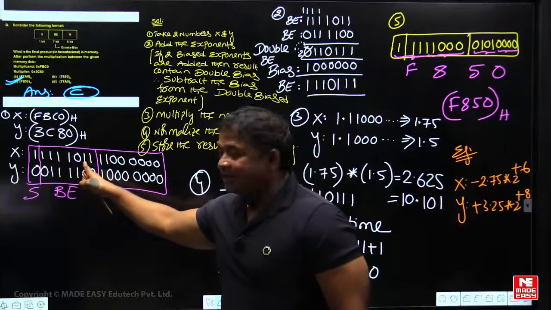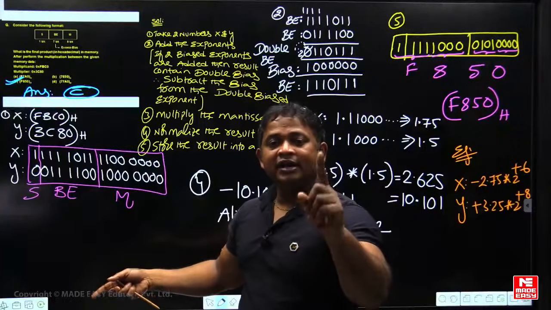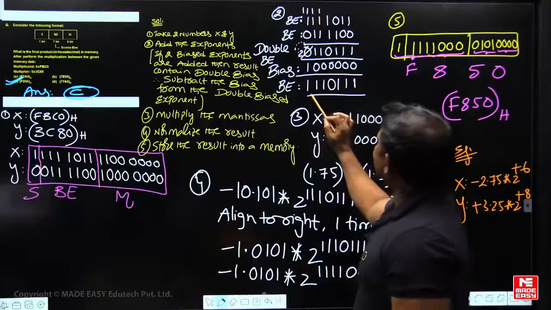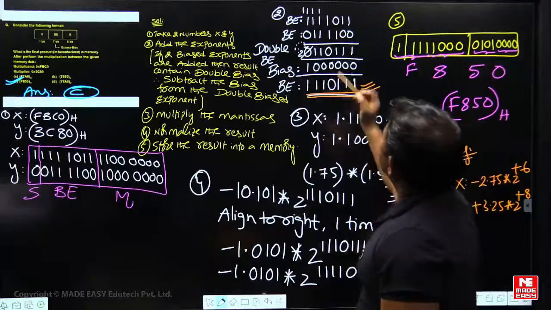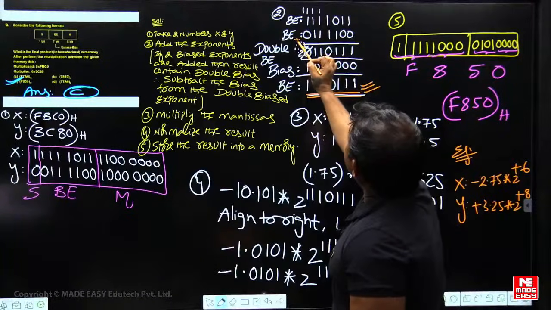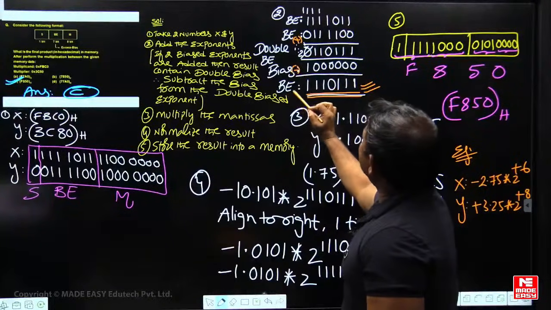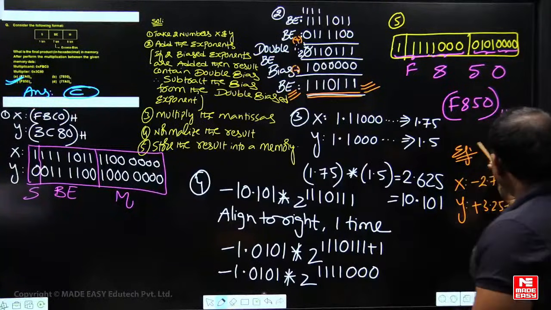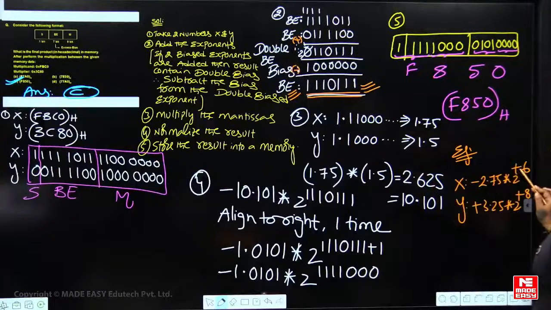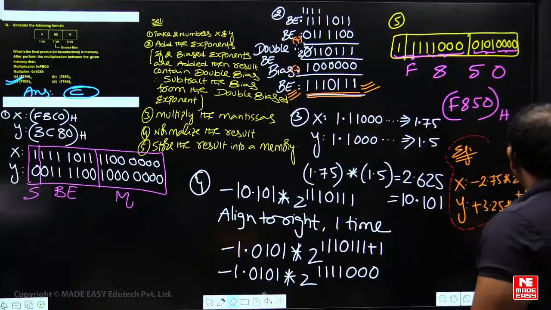Two biased exponents are added, so the result is in double bias format. Therefore subtract one bias and we get the single biased exponent. For this question this method is not applicable, so add plus 6 and plus 8, after that add the bias, then store the result. According to the question we should take the action.